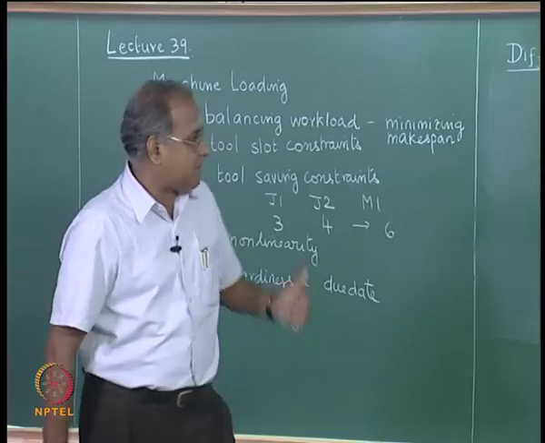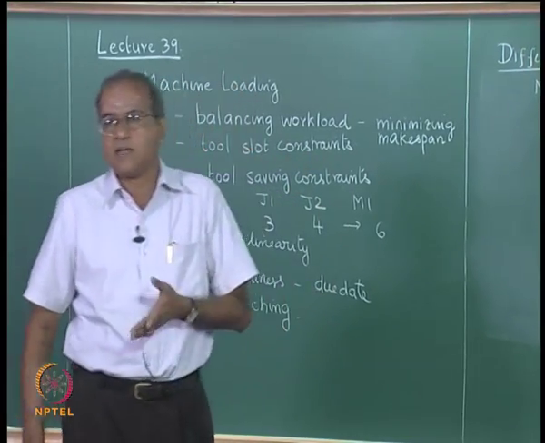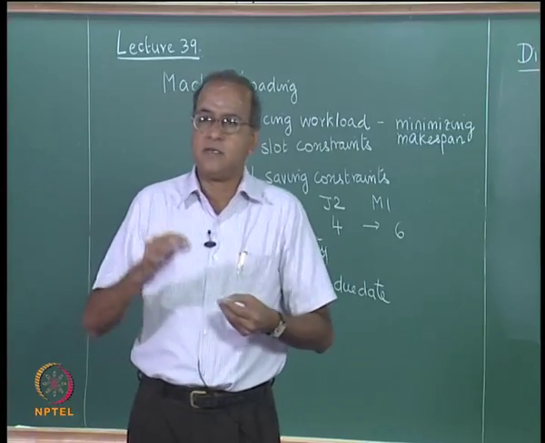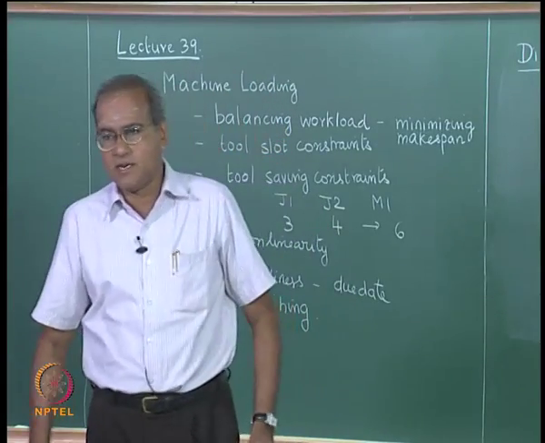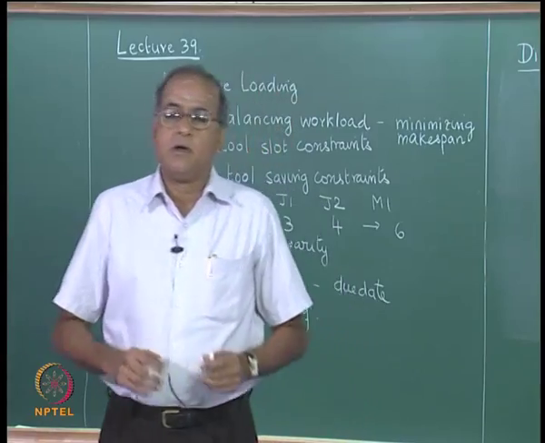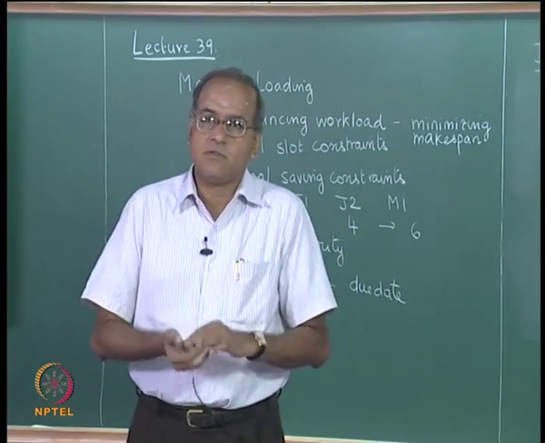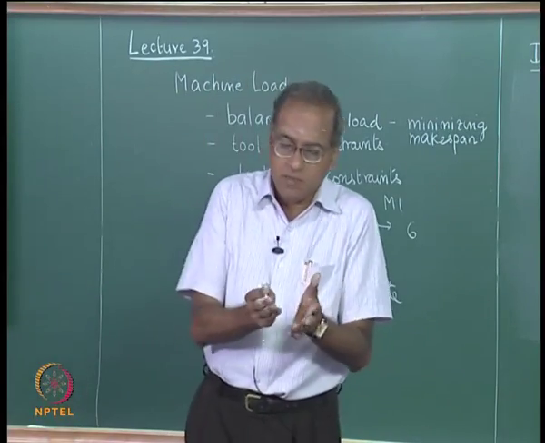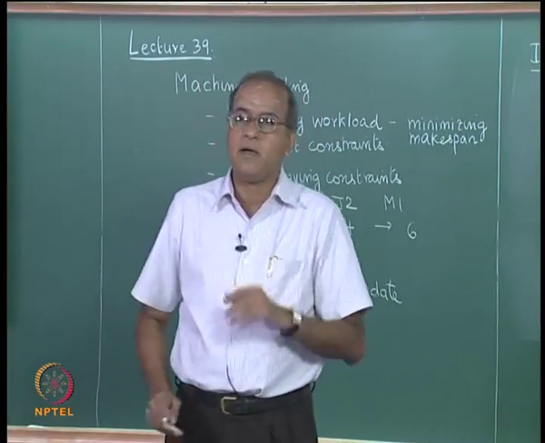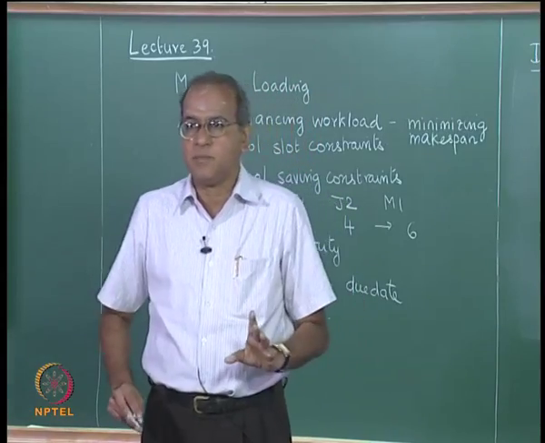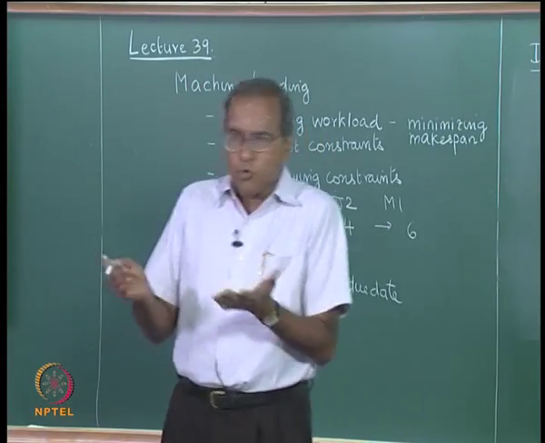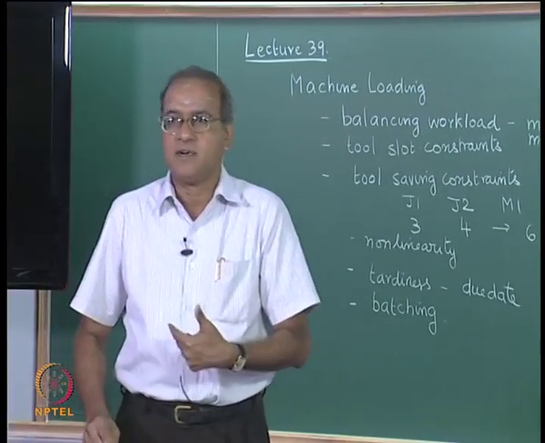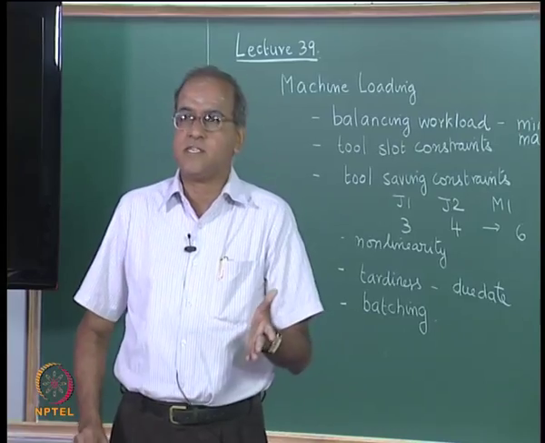Now, this is also a practical issue as well as a practical constraint, because sometimes when organizations build flexible manufacturing systems, they buy machines from the same make. Now, when they buy similar machines of the same make, then the tools are interchangeable. But if there are two machines, each is of a different make from a different manufacturer, then the tools are not interchangeable.